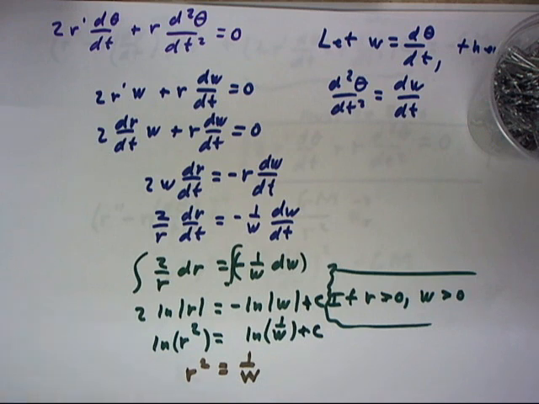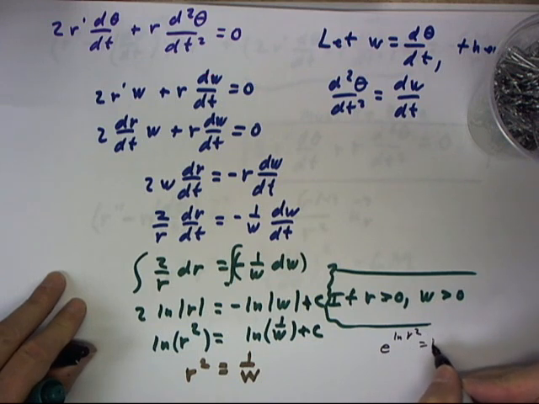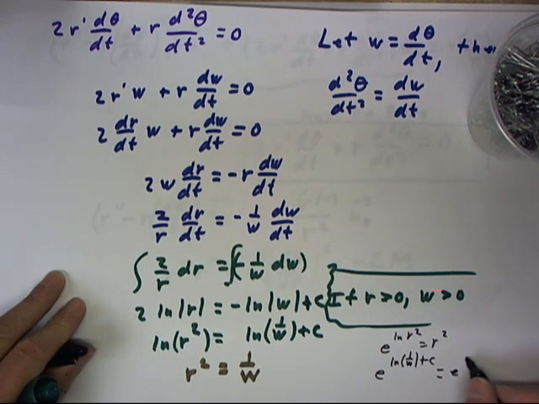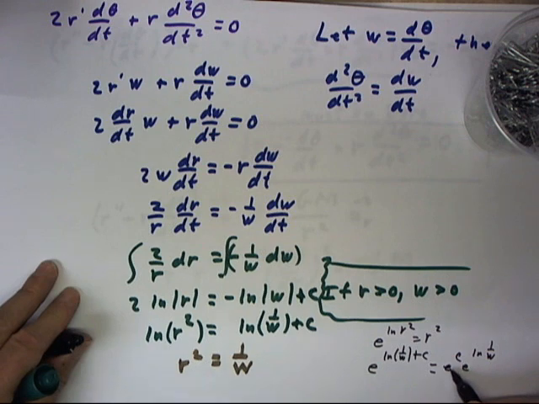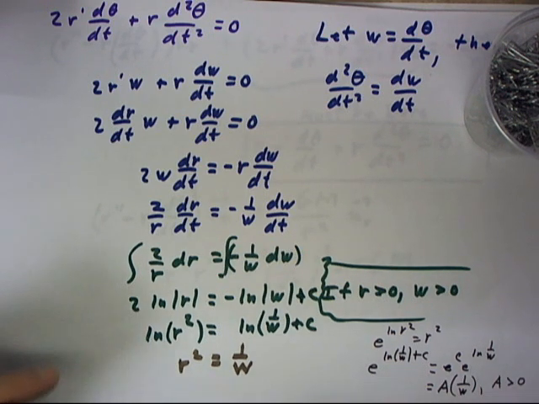Let's write that down here. e to the natural log of r squared equals r squared. e to the natural log of 1 over w plus c, by the laws of exponents, is e to the c times e to the natural log of 1 over w. e to the c, for any value of c, and c is an arbitrary constant, is a positive number, and we're going to replace e to the c by a. e to the natural log of 1 over w is 1 over w, and a is going to be understood to be greater than 0.